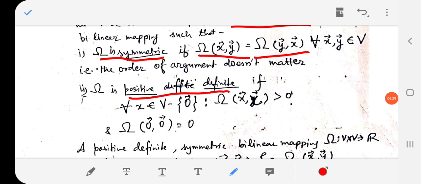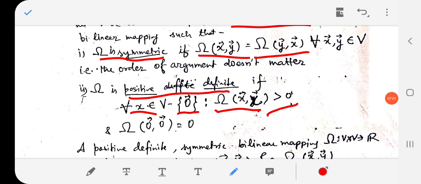For positive definiteness, what is said is, if you have a particular vector x which is not zero, and you pass that vector in both arguments of the bilinear mapping, then the result should be positive.